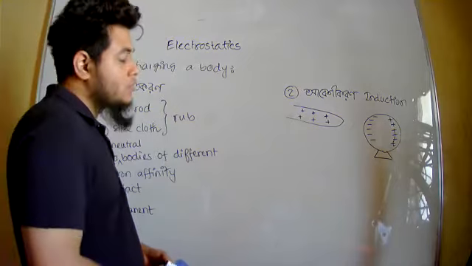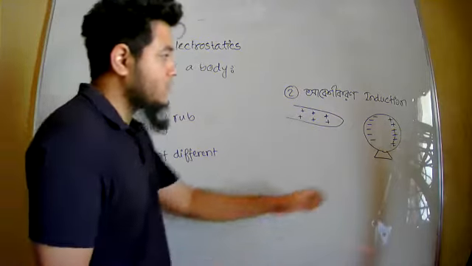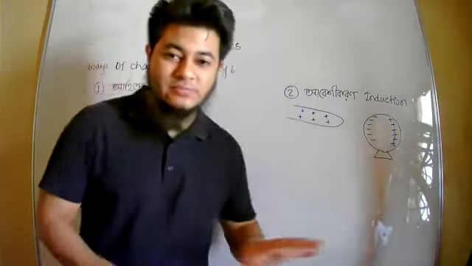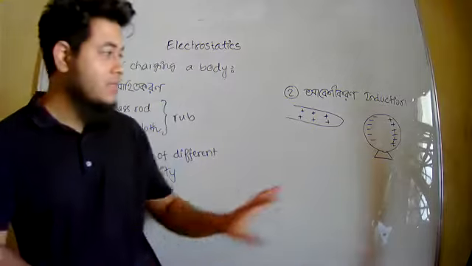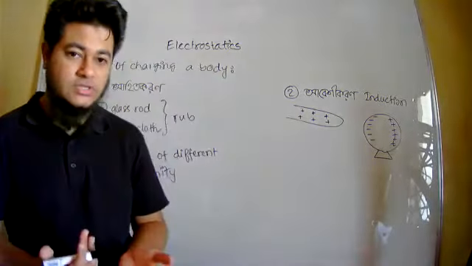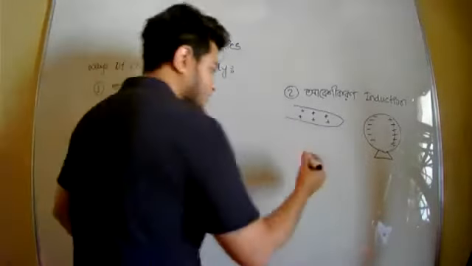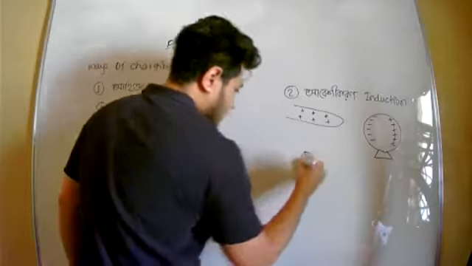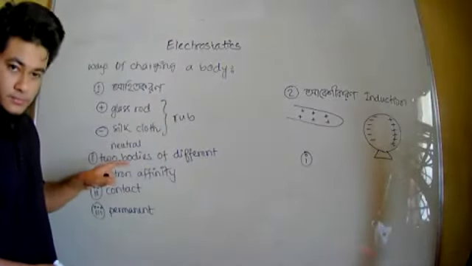Okay. So now, this body can also be said to have been charged. See, on the two sides, there are charges that are accumulated. Now, what are the characteristics of this process? Number one, in the previous one, two bodies both were neutral, right?